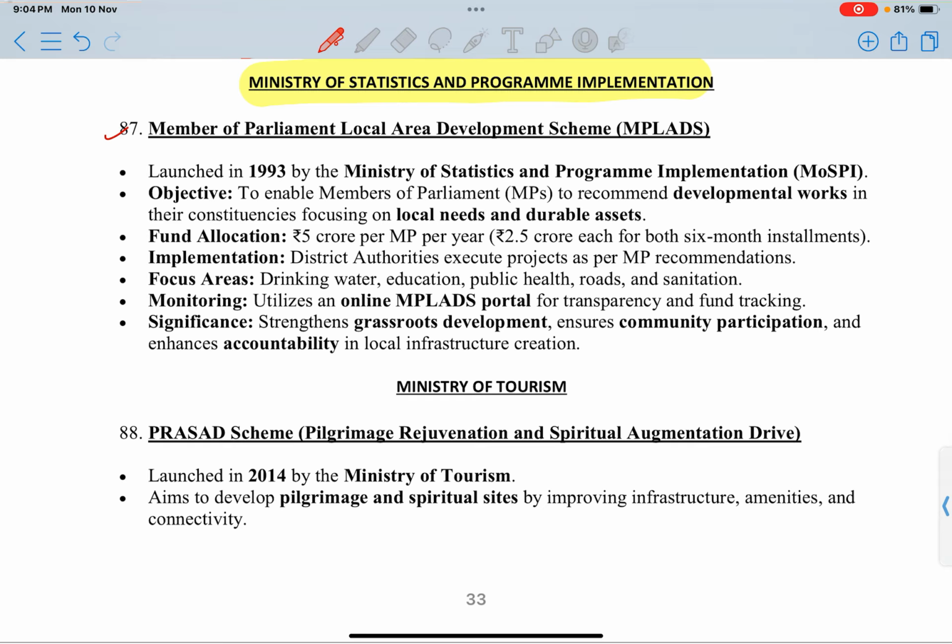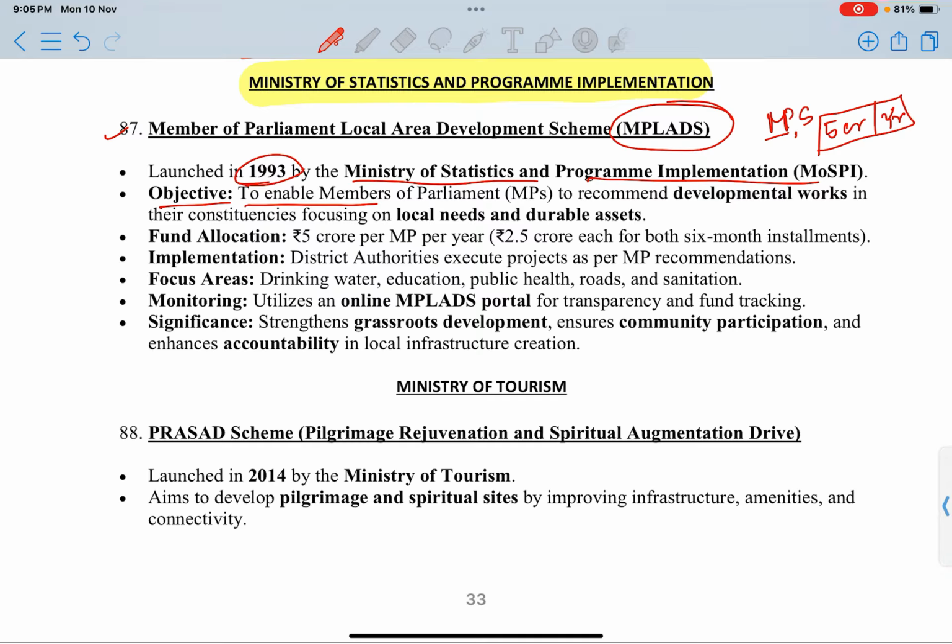Next, we are going to discuss the Ministry of Statistics and Programme Implementation. Member of Parliament Local Area Development Scheme, MPLADS. So in the news you may see that honourable MPs, members of parliament, get 5 crore per year, which they can spend to develop their areas. It was launched in 1993 by the Ministry of Statistics and Programme Implementation, MoSPI.